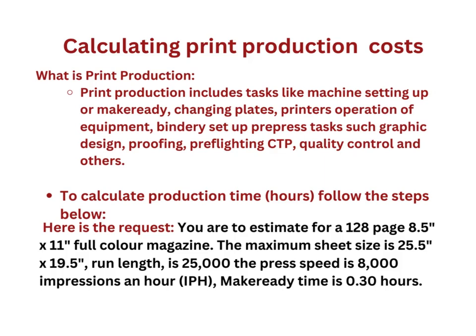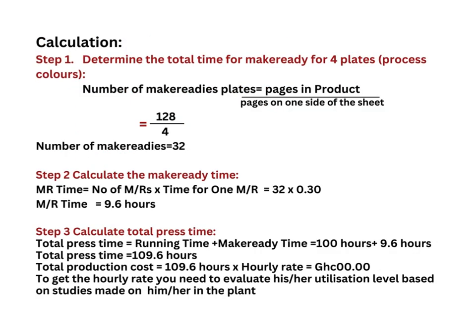The press speed is 8,000 impressions an hour, and the make ready time is 0.30. Excuse me, I should have said 0.30 hours. Now let's take the first step in the calculation. So step one, determine the total time for make ready for 4 plates. This is a full color work.